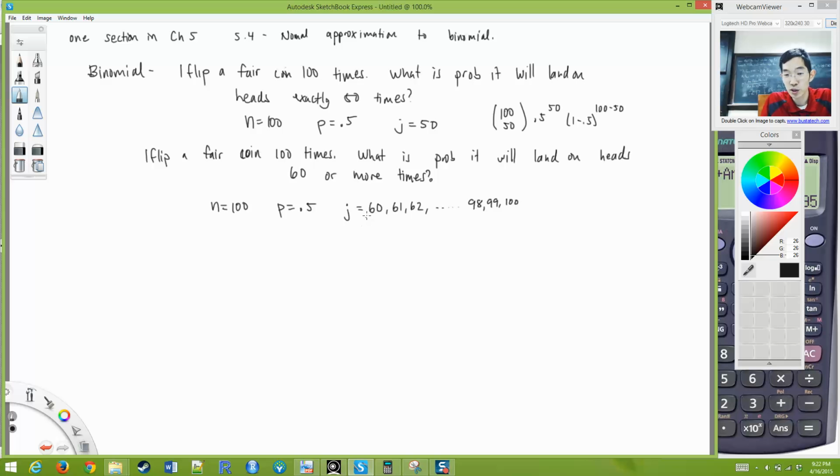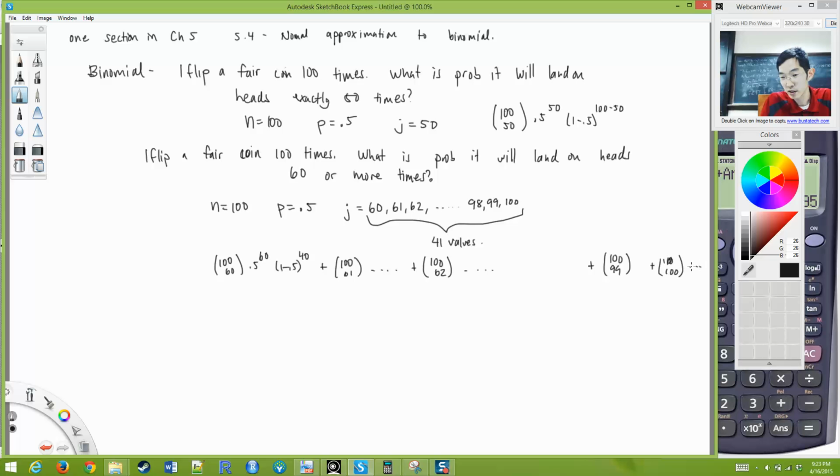There's a total of 41 values here. And every single one of these would require me to do 100 choose 60, 0.5 to the 60, 1 minus 0.5 to the 40, plus 100 choose 61, and so on, plus 100 choose 62, all the way up to 100 choose 99, plus 100 choose 100, etc. Okay?